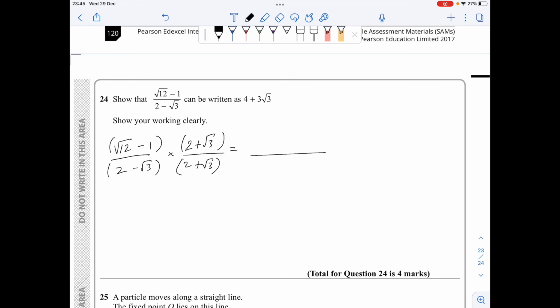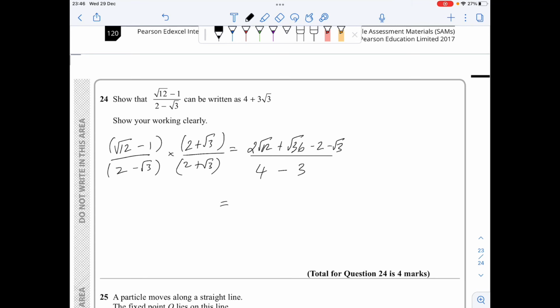So in my denominator now, I have 2 times 2 is 4, plus root of 3 minus root of 3 cancels out, and then minus square root of 3 squared, which is 3. And then in the numerator, I've got 2 root of 12 plus root of 12 times root of 3, root 36, minus 2 minus square root of 3.